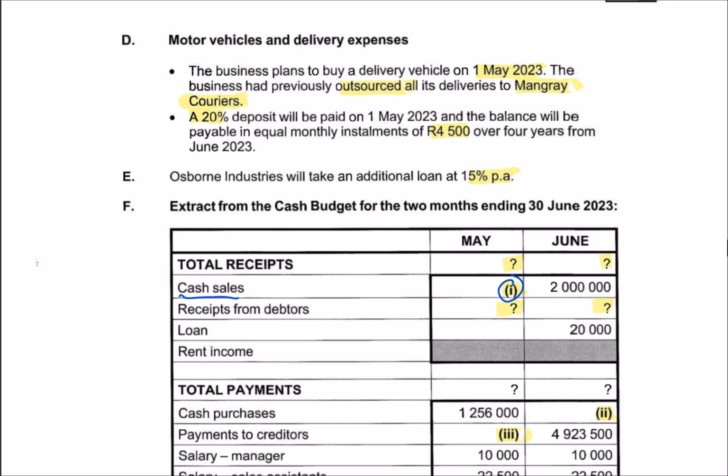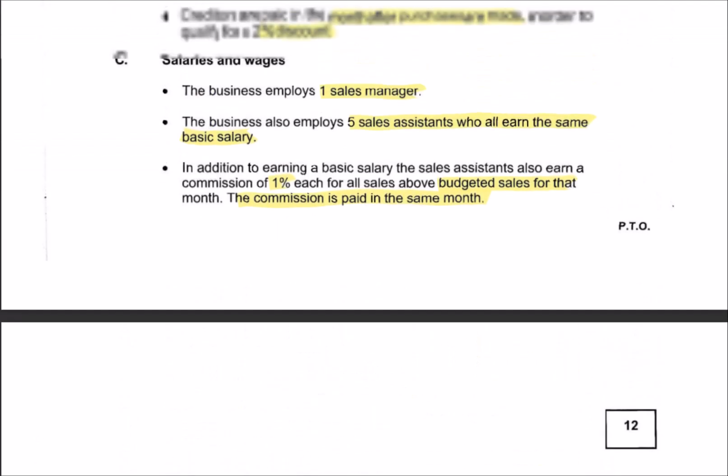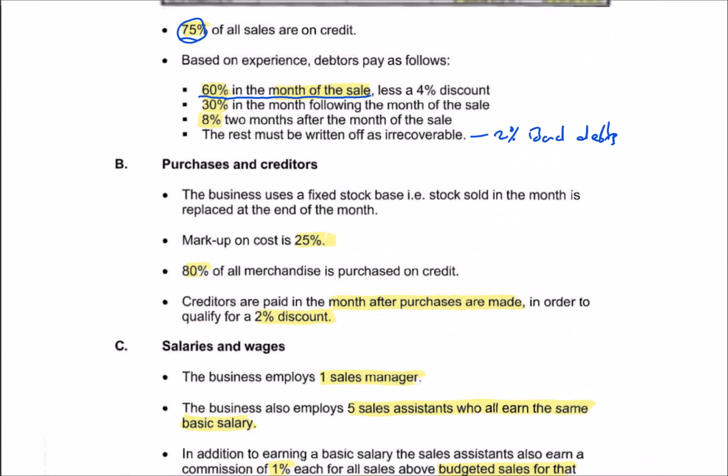If you look at our information in terms of purchases, it says the business uses a fixed stock base, that is, stock sold in the month is replaced at the end of the month, and markup on cost is 25%. Then 80% of all merchandise is purchased on credit, so that means we need the 20%.